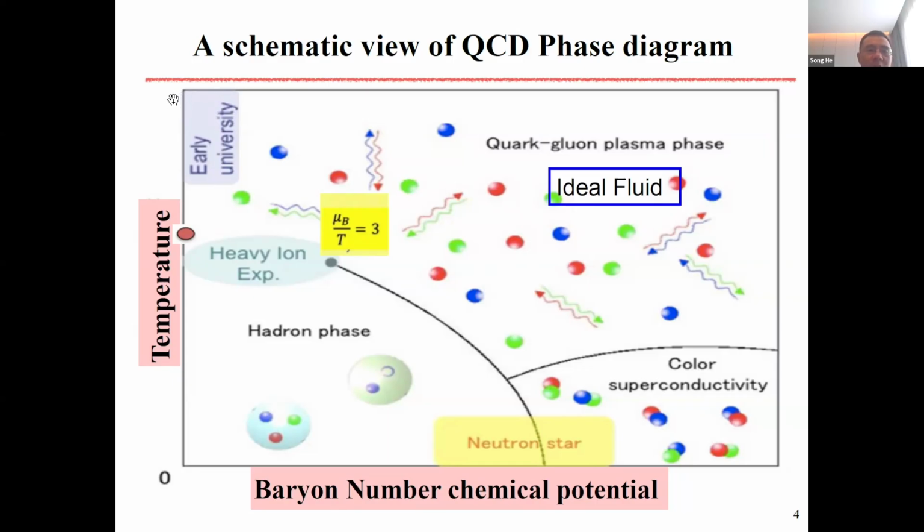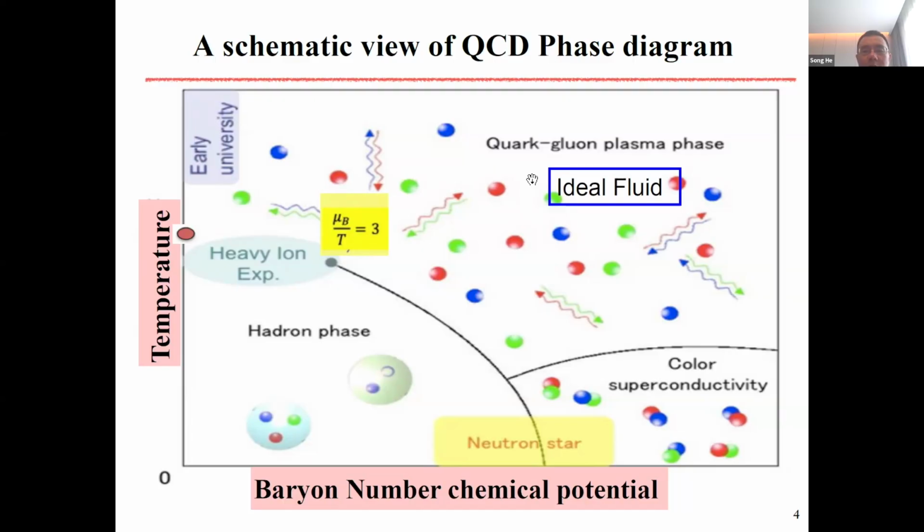The data is offered by lattice QCD, and it is available only for the axis where the baryon number chemical potential vanishes, and there are also some experimental data around there. We try to use this data to extrapolate the model to describe the Quark-Gluon plasma phase.